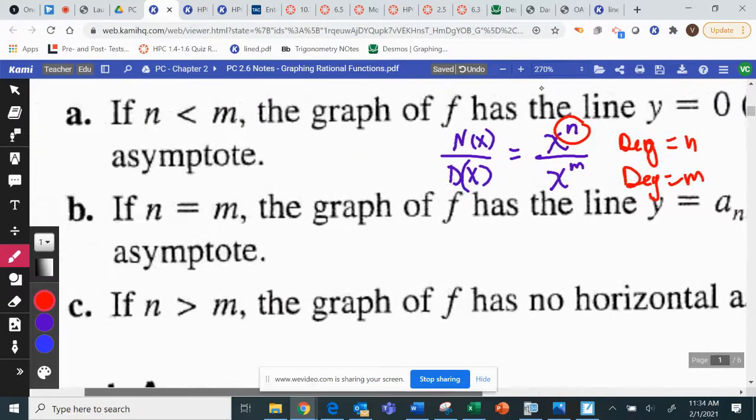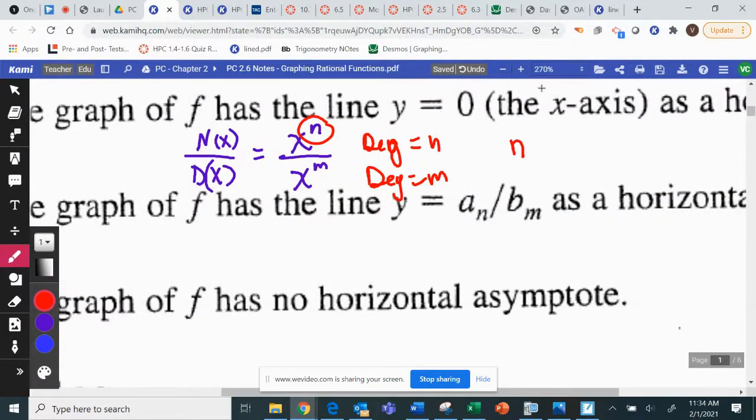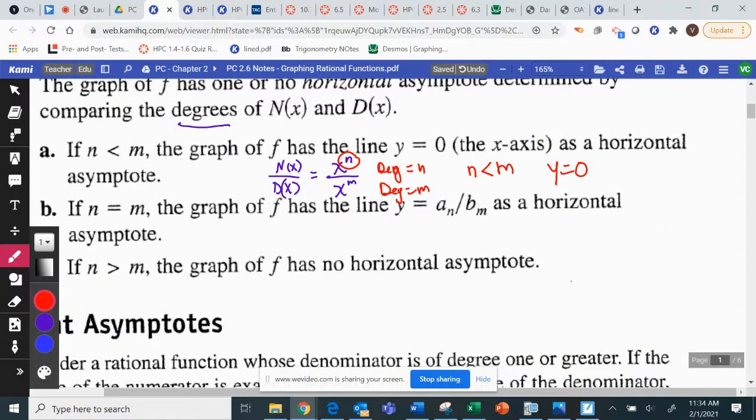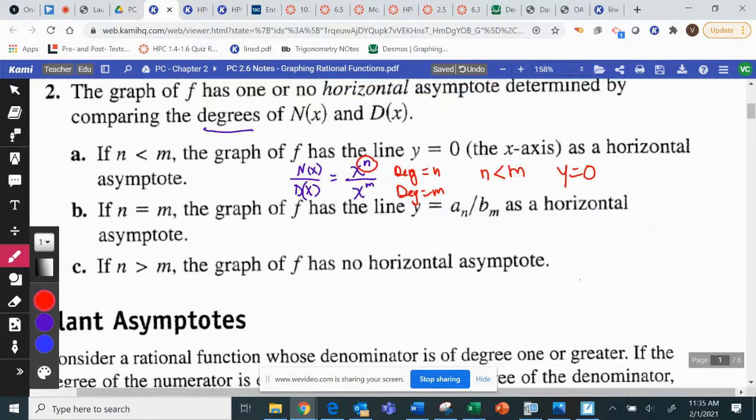And this says if n is less than m, so the degree on top is smaller, then y equals 0 is your horizontal asymptote.